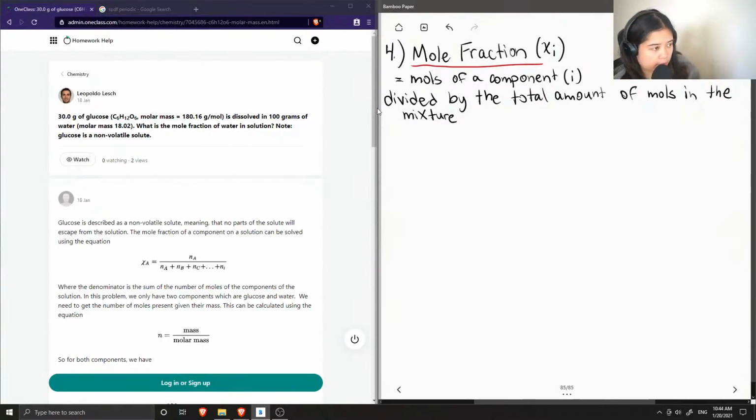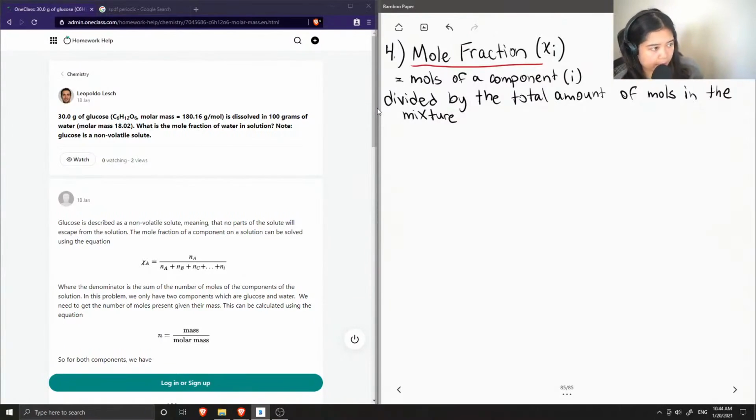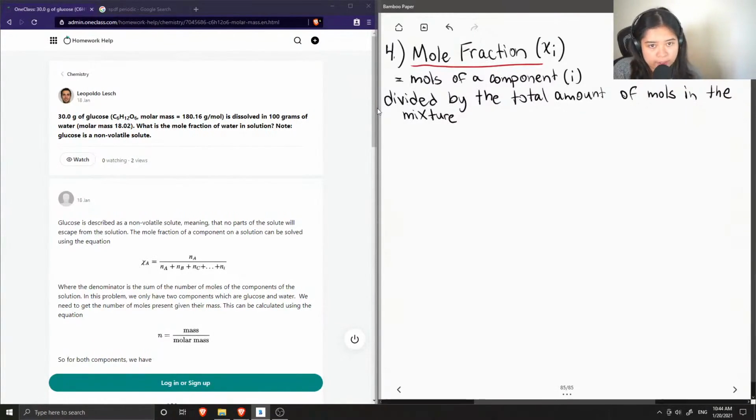Okay, so for this question, we want to know the mole fraction of water in a solution of the 30 grams of glucose and 100 grams of water. So we can write out the equation for mole fraction.